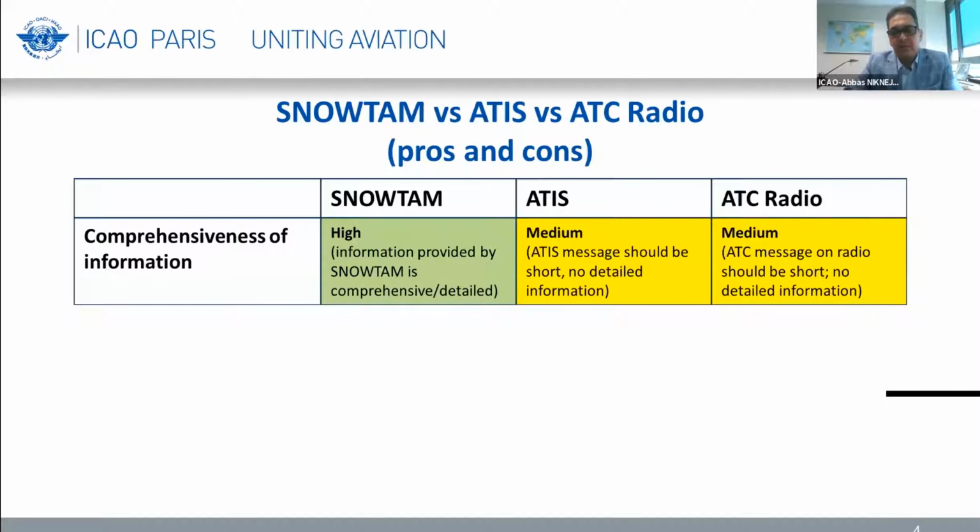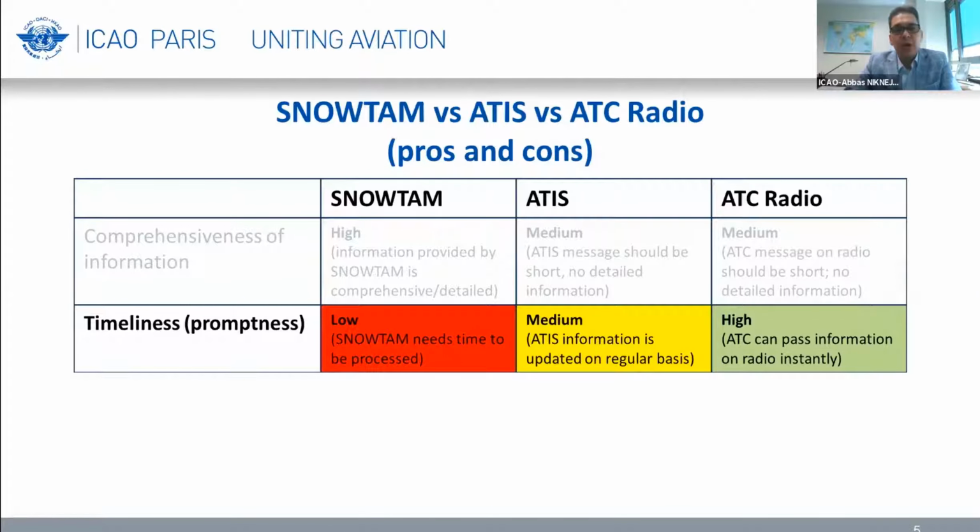ATIS has for sure a limitation in terms of length of the message, so the more major parts of RCR information would be included in the ATIS information, and ATC radio also could not provide the full details of RCR information, so air traffic controllers would pass the major parts of runway condition through radio.